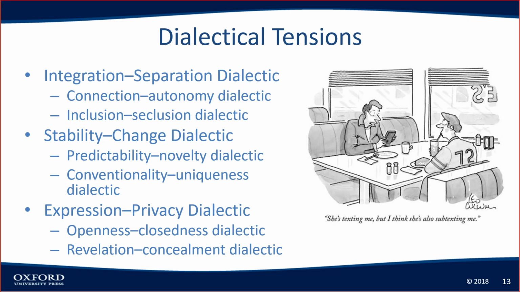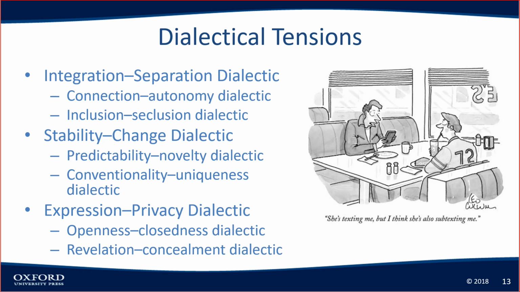So these dialectical tensions, research says, can limit models or the stages, but they don't specifically show the ebb and flow of communication in every relationship, but they do exist.